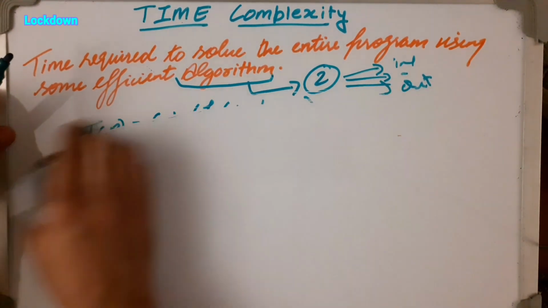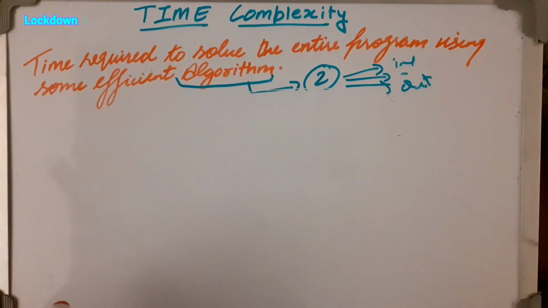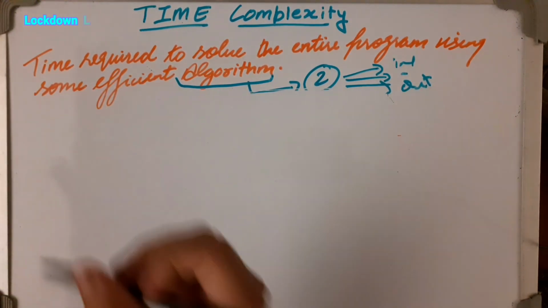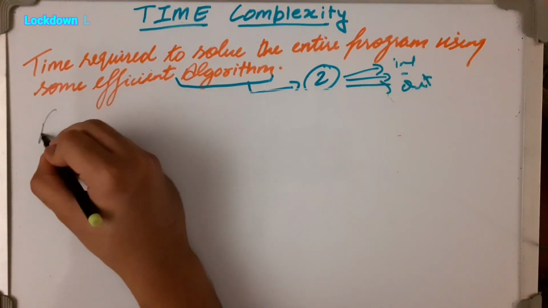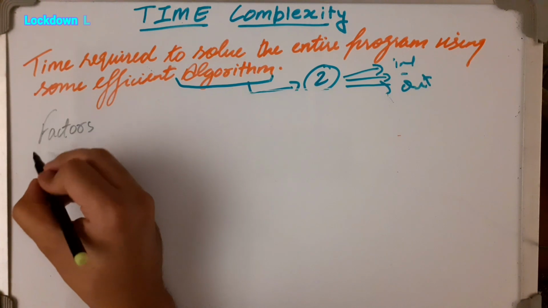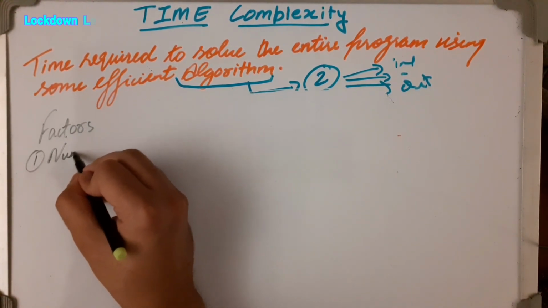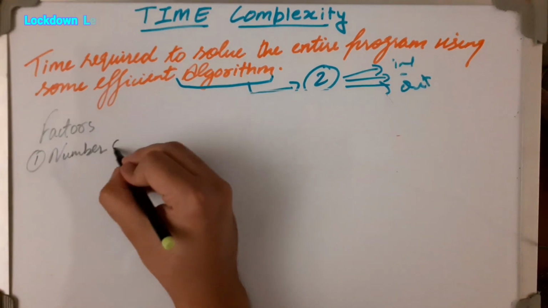Now let us see the factors on which time complexity depends. According to you, factor number 1 is the number of rows.